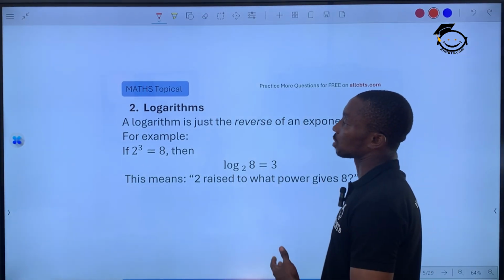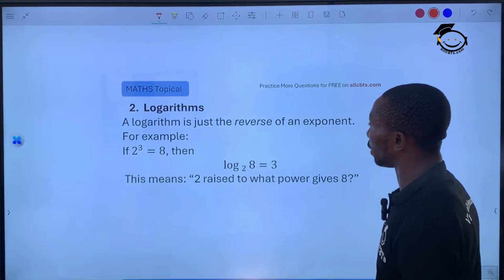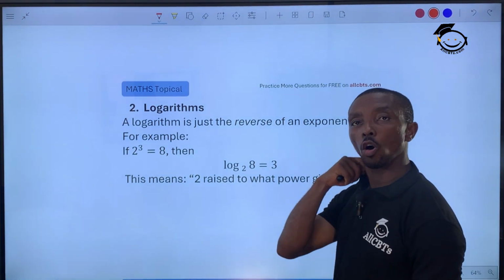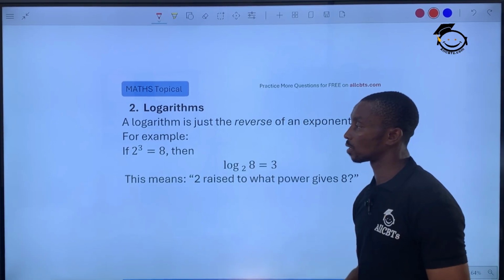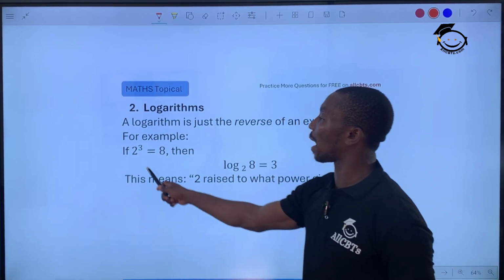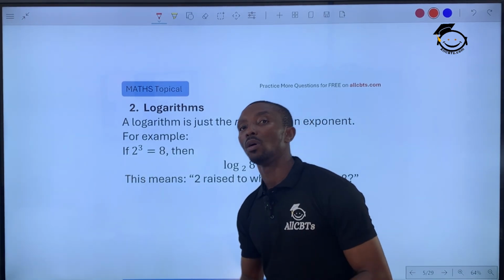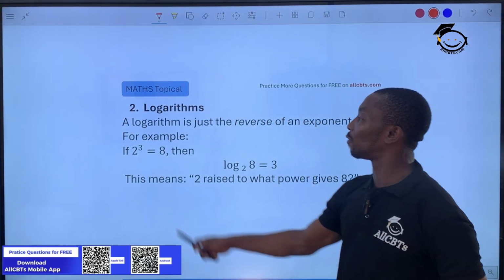Okay, now looking at logarithms. Logarithm, like we said before, is the reverse or opposite of exponents. So if we have 2 raised to the power 3 equals 8, how many 2's can we find in 8?